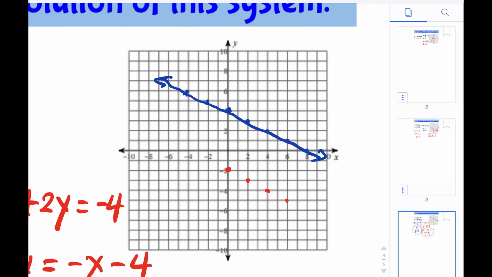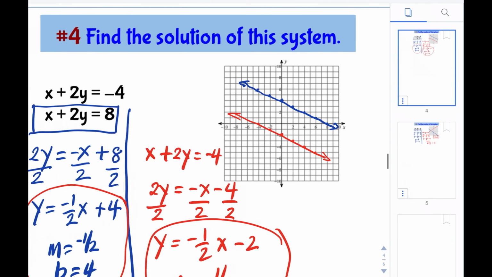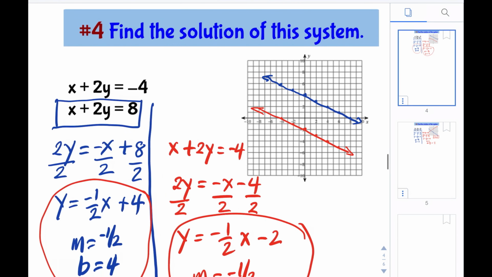You can also go 1 up, 2 left, 1 up, 2 left. And indeed, these two lines are parallel. So this means that this system of equations has no solution because the two graphs did not intersect.